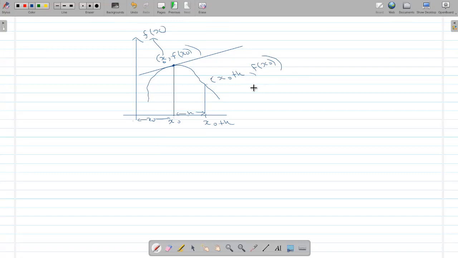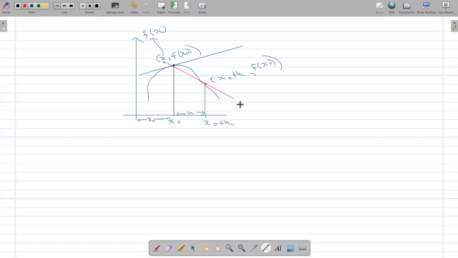Okay. Now what I do, this is the point on the graph here, no? I draw the secant line here, connecting these points.